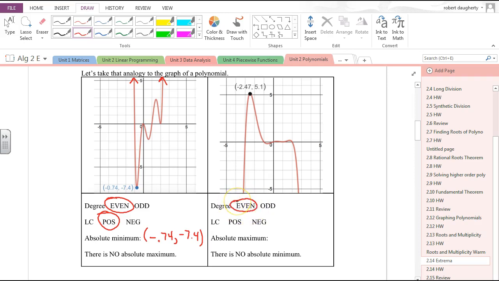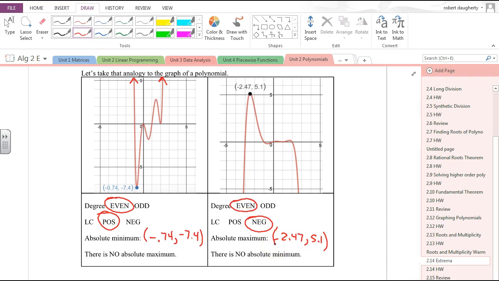This one's even. It points down. Leading coefficient, positive or negative? Negative. Absolute maximum is negative 2.47, 5.1. And in this graph, there is no absolute minimum. Why is that?